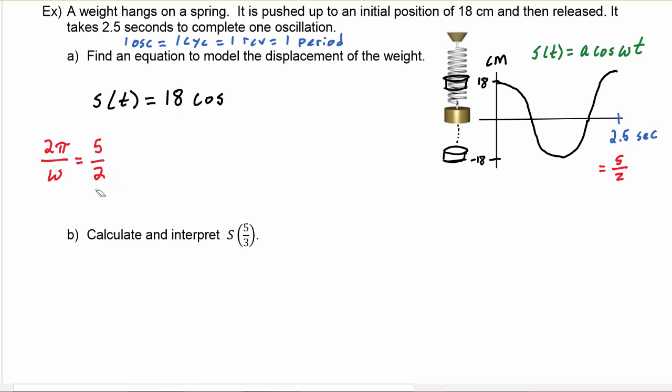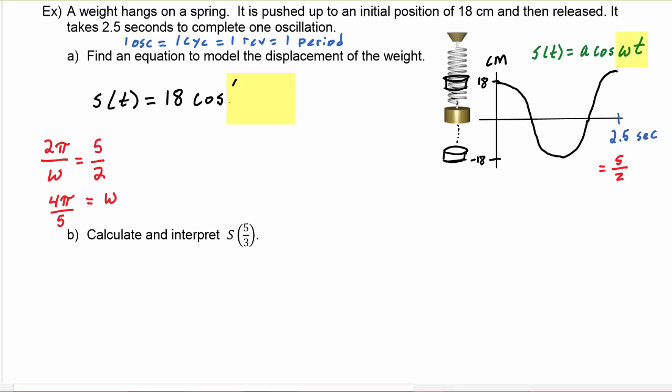Now we'll cross multiply this 2 up times the 2 pi, so that becomes 4 pi. The omega will cross multiply up on the right hand side, and then the 5 can cross multiply down on the left hand side, and we see that omega is going to be 4 pi over 5.